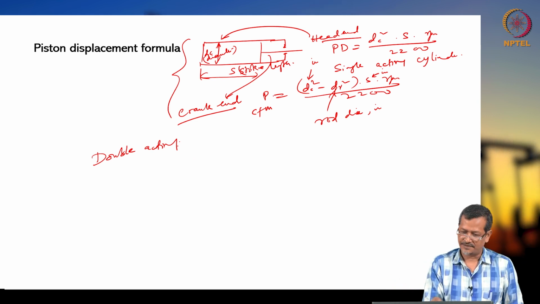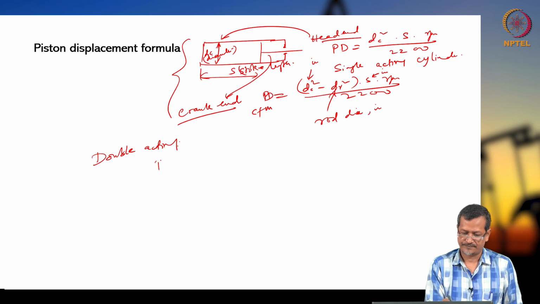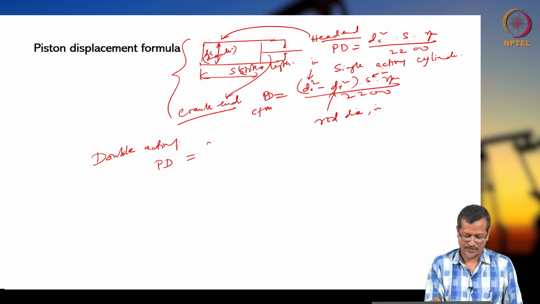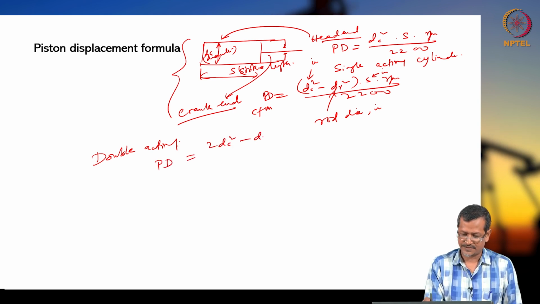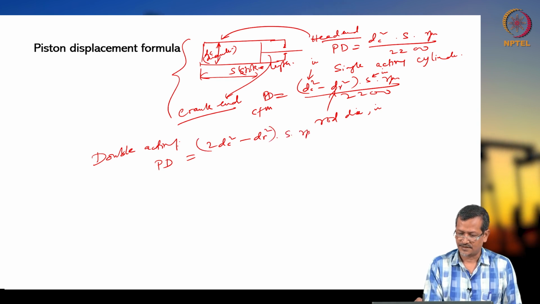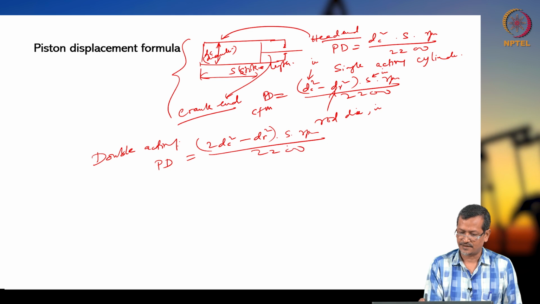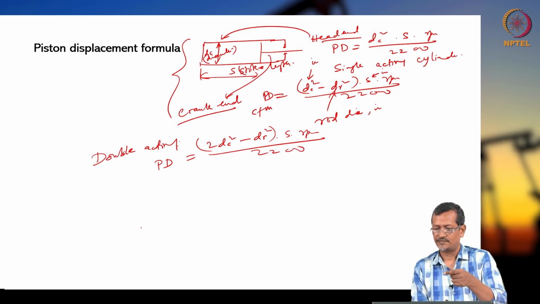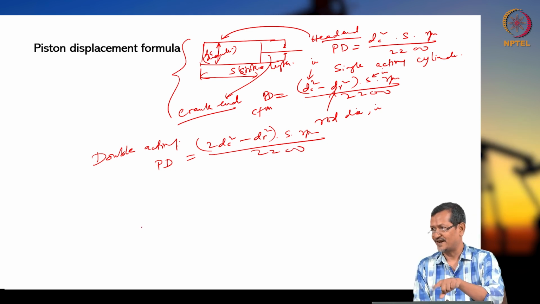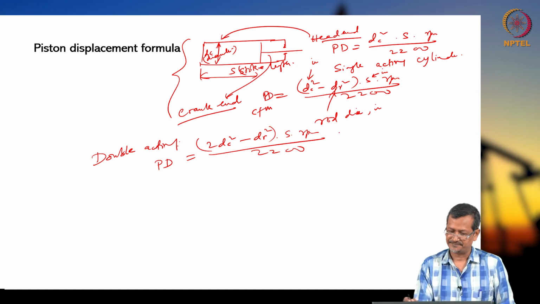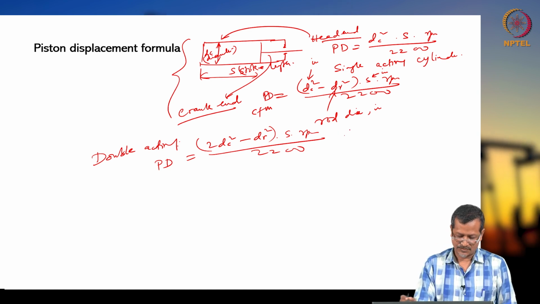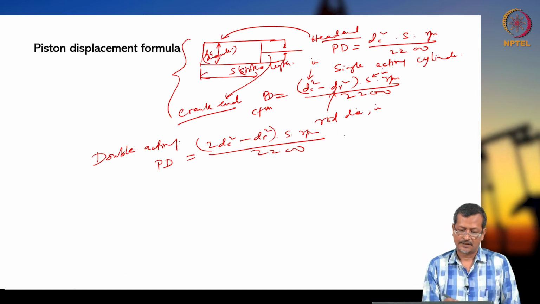So PD equals 2 Dc square minus Dr square, S rpm by 2200. You see, the head end and crank end are both simply added. I do not have to write the units again.